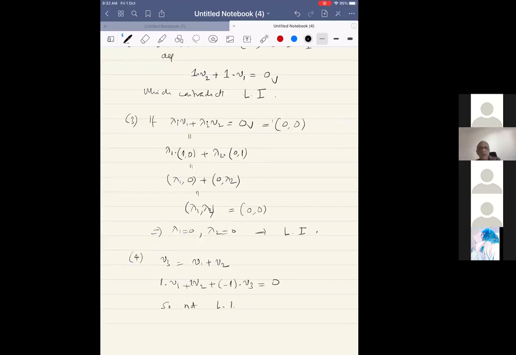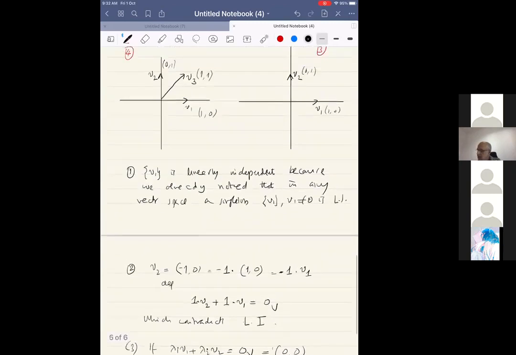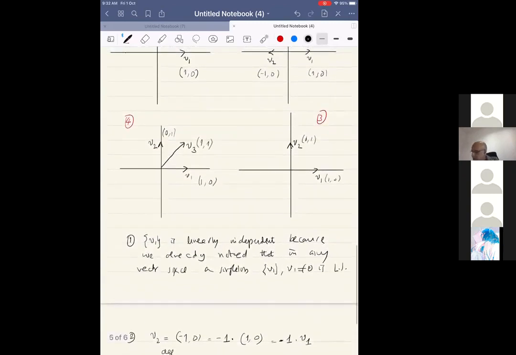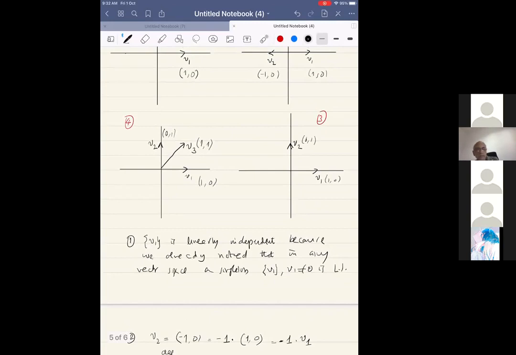Okay, so we have methodically applied our definition and checked that 1 and 3 are linearly independent subsets, and 2 and 4 are not. Okay, can I go on?